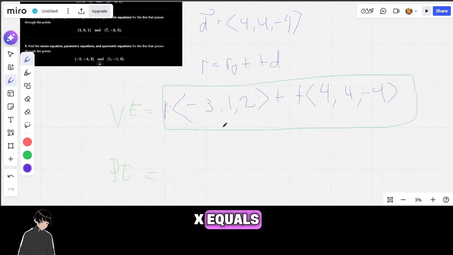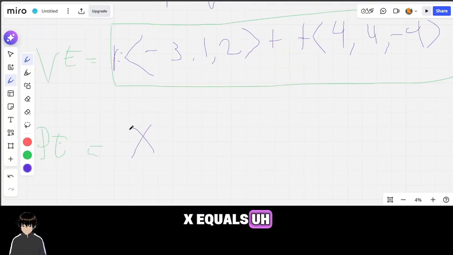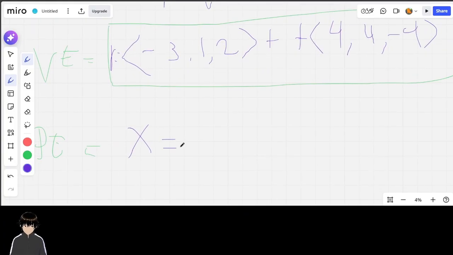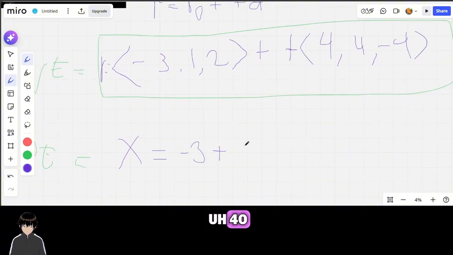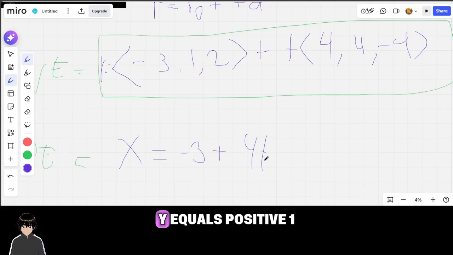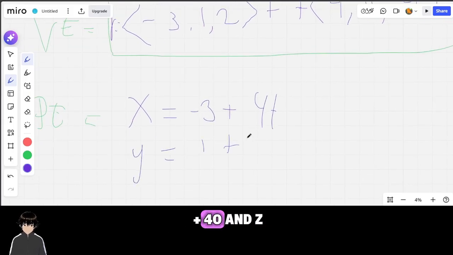X equals negative 3 plus 4t. Y equals positive 1 plus 4t.